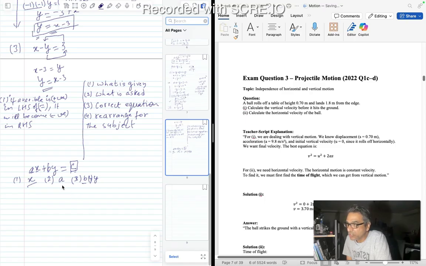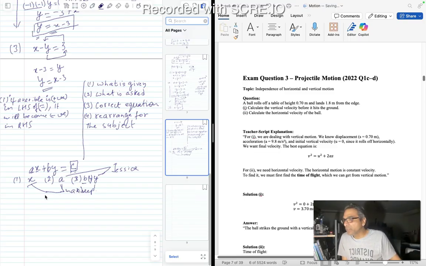Your task is to do a and b. So I'm pointing it out: these two Jessica will do, and these two Mandeep will do. Okay. All right. Let's do it that way.